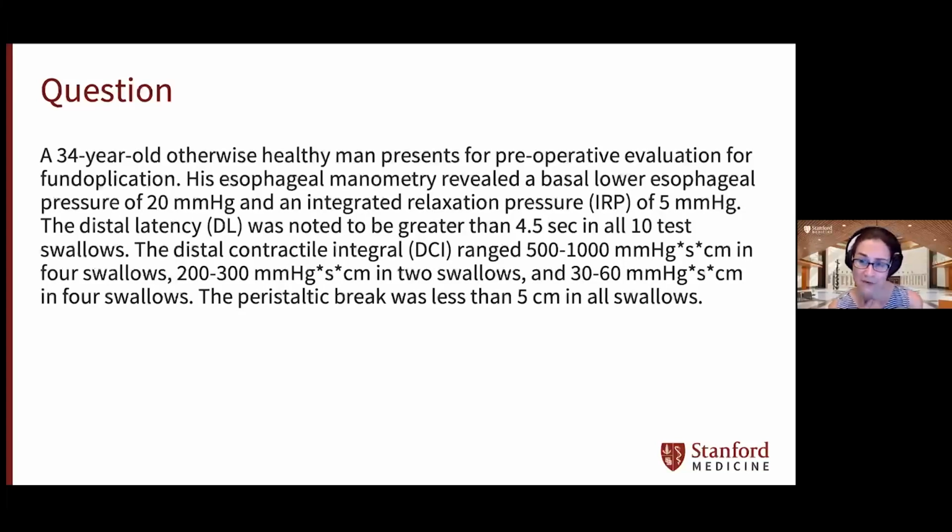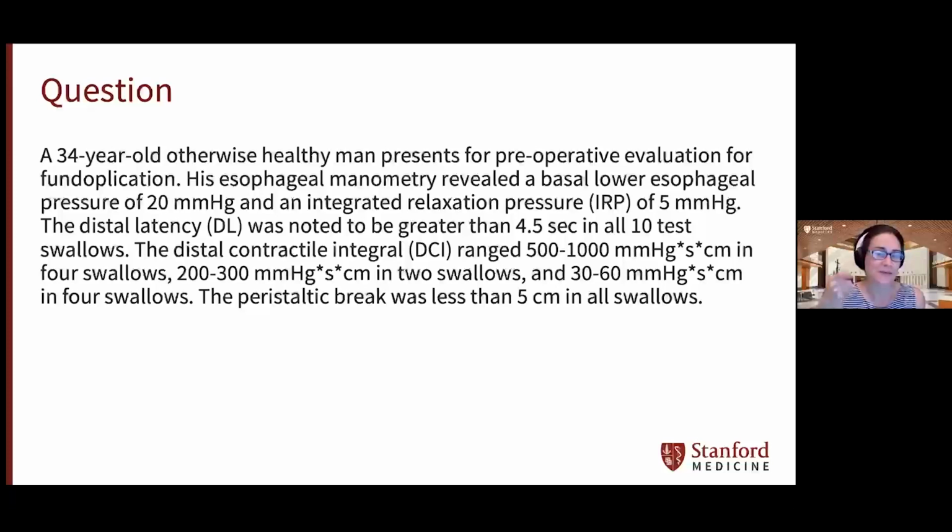So let's start with the first metric here. It says that the lower esophageal basal pressure is 20 and the IRP, or the integrated relaxation pressure, is 5. So both of those are normal. It's saying that the sphincter pressure sits at about 20, which is normal, and that when it opens to a pressure less than 5, which is normal.